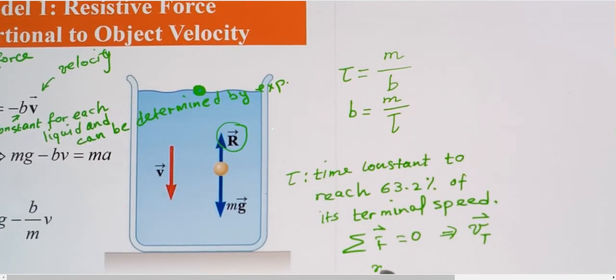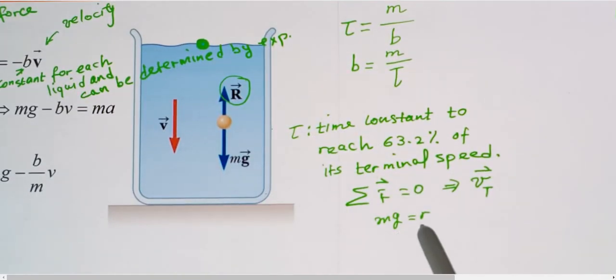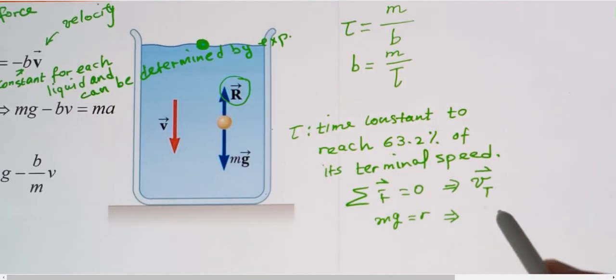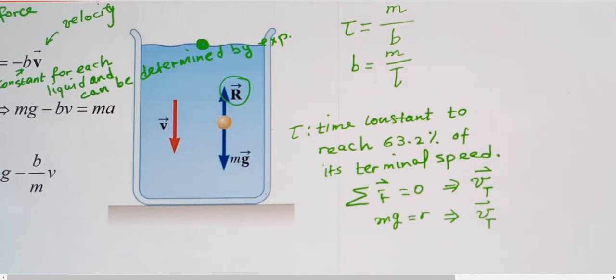That is, when mg is equal to R, and those are forces, mg is the gravitational force and R is the resistive force, then velocity is constant, and we call it terminal velocity.